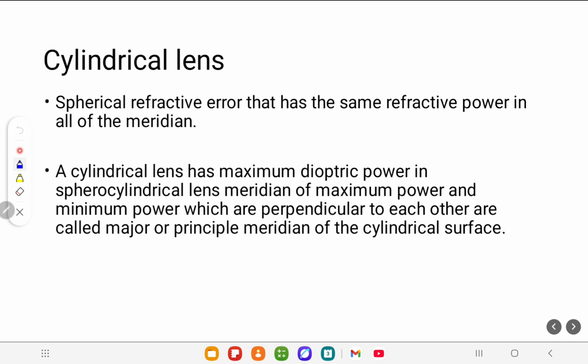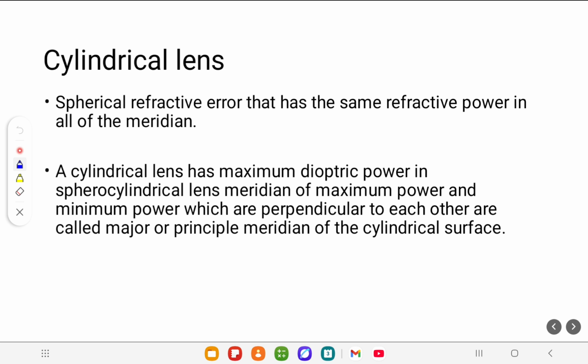It's important to understand this concept. A spherical refractive error has the same refractive power in all meridians. The cylindrical lens has maximum dioptric power in the meridian of maximum power, and the minimum power meridian; these are perpendicular to each other and are called the major or principal meridians of the lens.